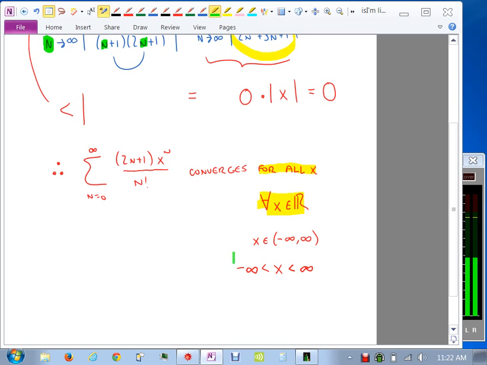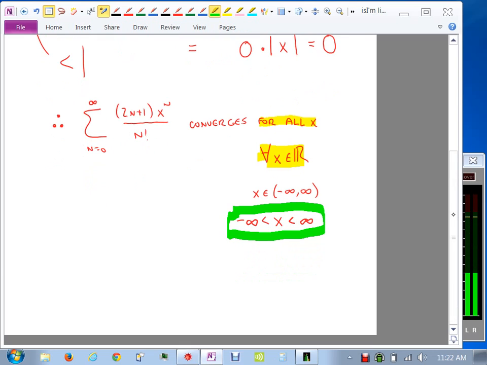And the last one is the one that I usually adhere to, only because later on, as we get problems where our answer is not everything, it's usually going to be between two numbers, and we'll always write it in interval notation. So we may as well do it now. That's right, it's in terms of x. That's the important thing. This power series converges no matter what x you ever plug in.